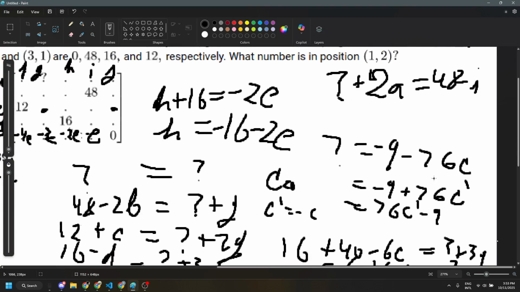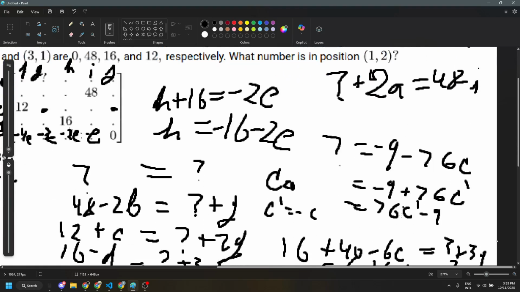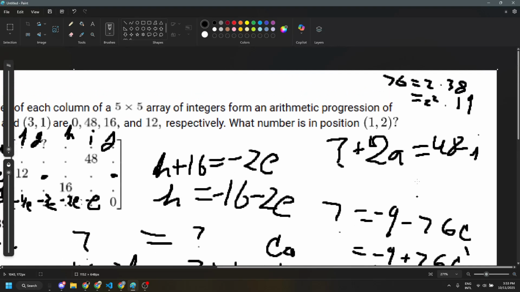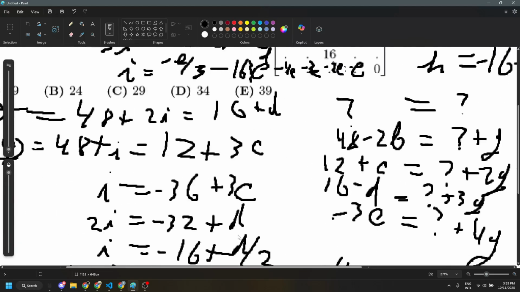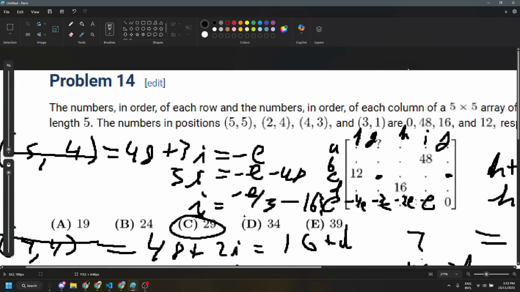So I think c is a fraction with some multiple of this in the denominator. So let's say it's 2, then it'd be 38. 38 minus 9 is 29. I'm going to take that as my answer.